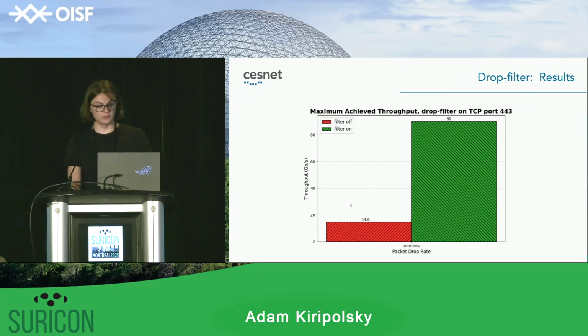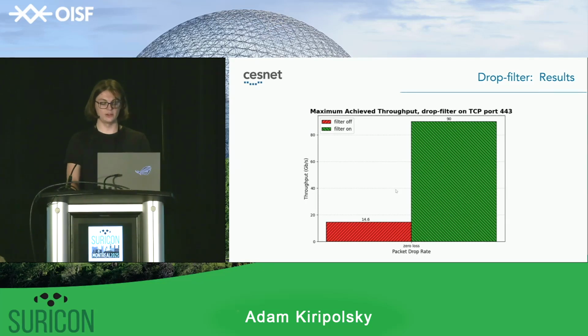So now we can take a look at this graph. On the y-axis, we have the throughput achieved in gigabits per second, and on the x-axis, we have a category of the packet drop rate. Now we are measuring at just 0 loss. With the filter on, we achieved almost the maximum of what the NIC can achieve, which was 90 plus gigabits per second, meaning that all of the traffic that was supposed to be dropped was dropped without any performance issues.